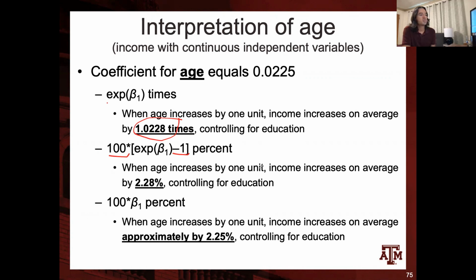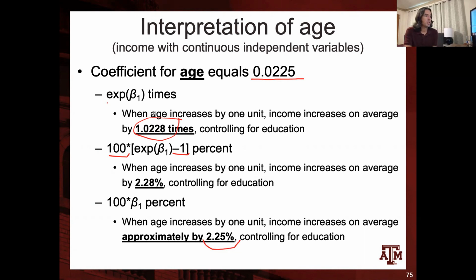When age increases by 1 unit, income increases on average by 2.28%, controlling for education. If I had just taken this number here and multiplied it by 100, it would have been, when age increases by 1 unit, income increases on average approximately by 2.25%.